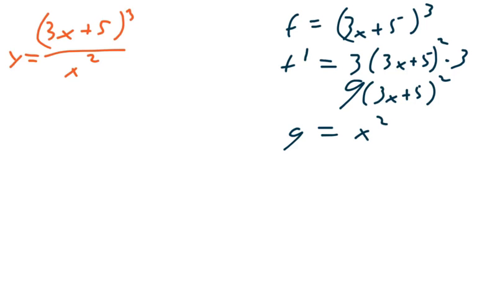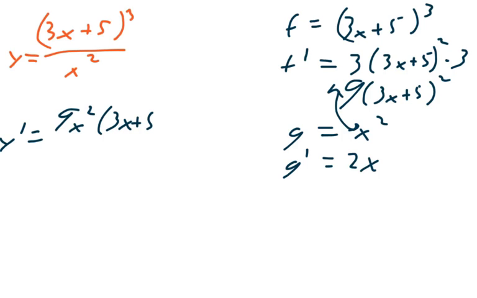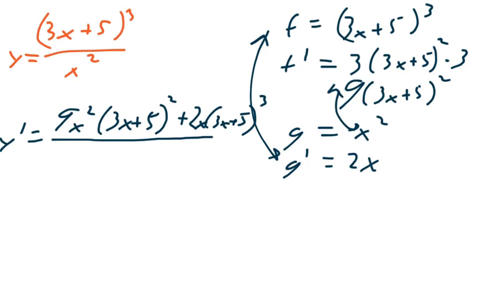G is equal to x squared, so g prime is equal to 2x. So the derivative is, when I multiply these two together, I get 9x squared 3x plus 5 to the 2nd. When I multiply these two together, I get 2x 3x plus 5 to the 3rd divided by x squared squared, which is really x to the 4th.